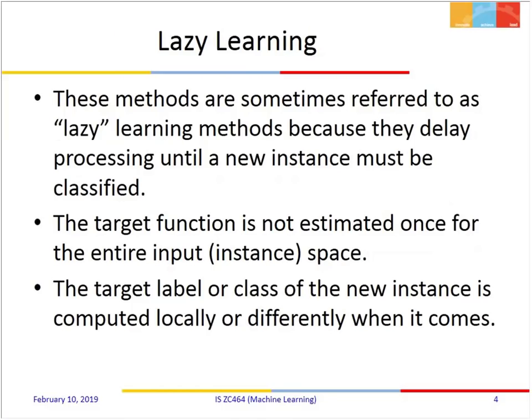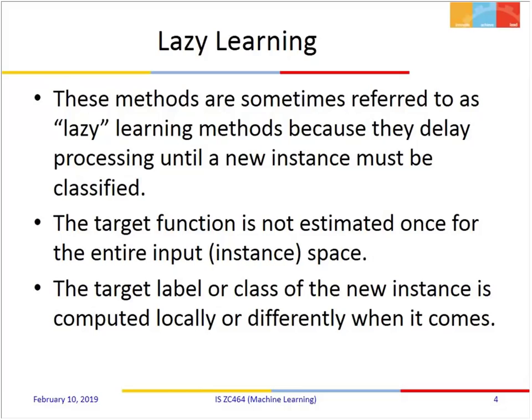So these kind of classifiers are known as lazy learners. The name lazy represents the kind of delaying of training or delaying in the processing until a new instance is required to be classified. So these methods are sometimes referred to as lazy learning methods because they delay processing until a new instance must be classified.